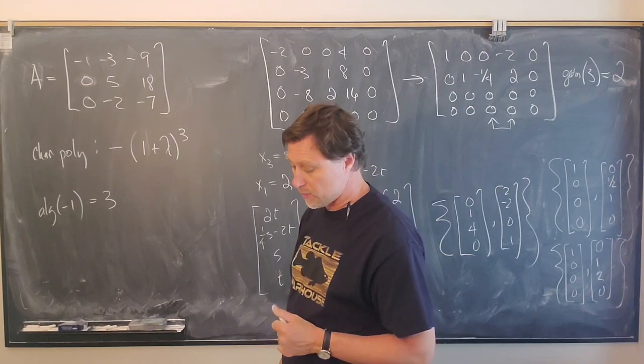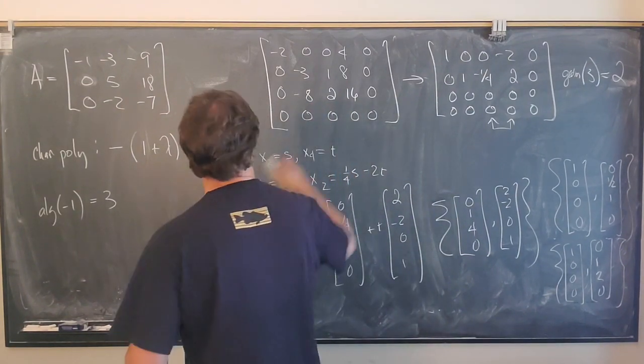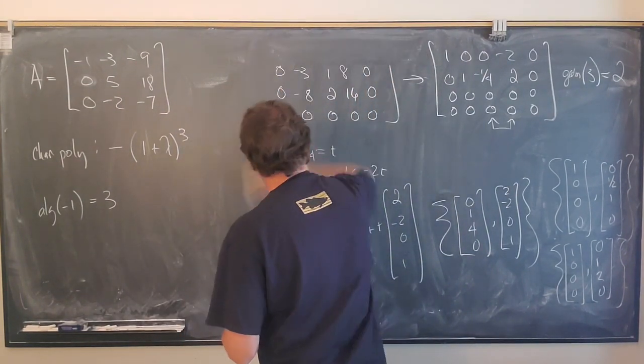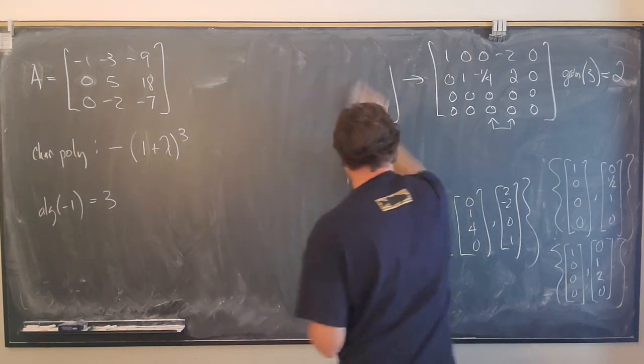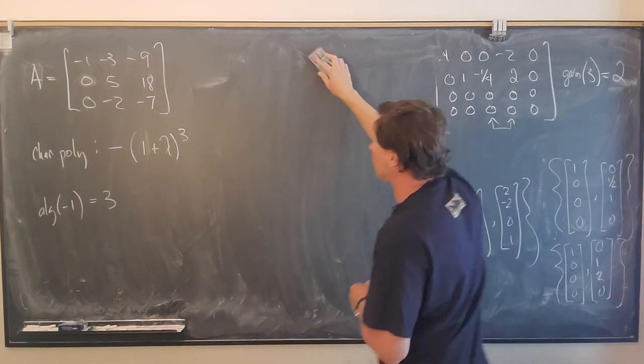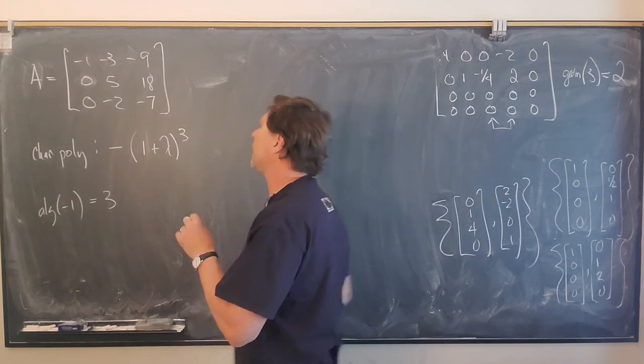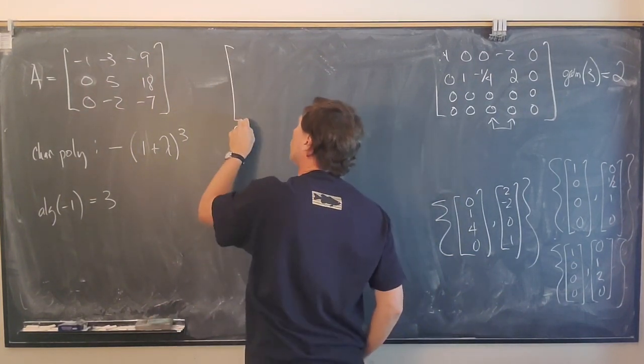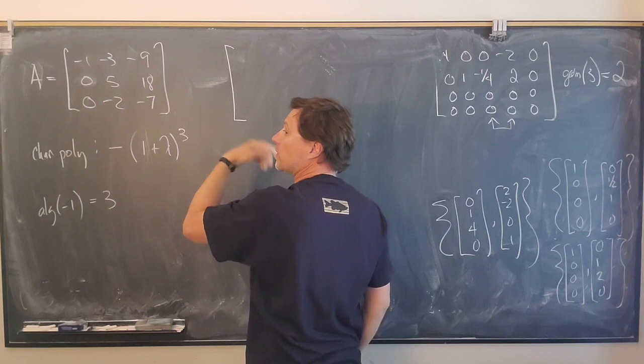Now we need to compute the geometric multiplicity by looking at the dimension of the eigenspace. So that means that I'm going to take the matrix A and subtract negative 1 from each of the diagonal entries, which means I'm going to add 1.